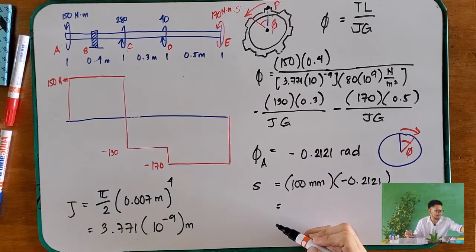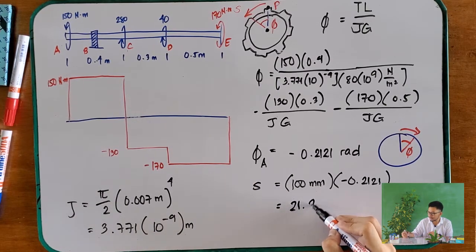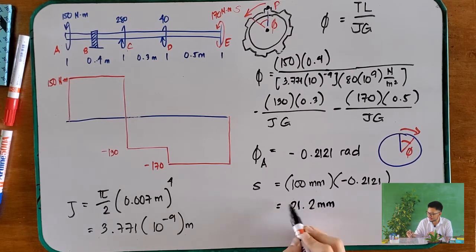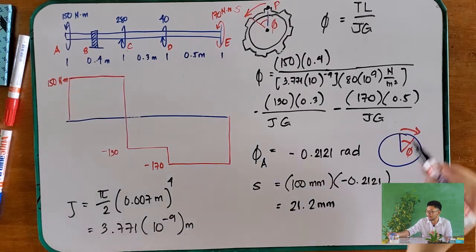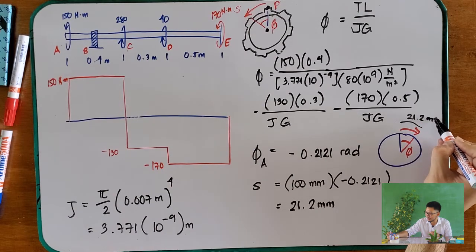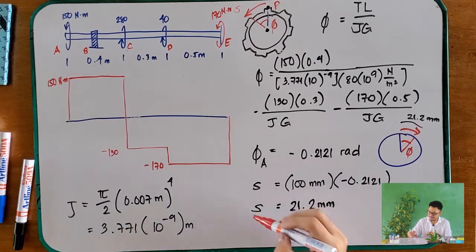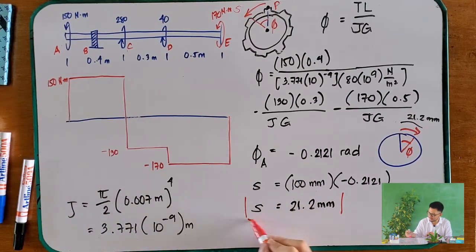And you have a final answer of 21.2 millimeters. So, negative, whatever, pero 21.2 millimeters ang arc length niya. Okay? And this one is your final answer.